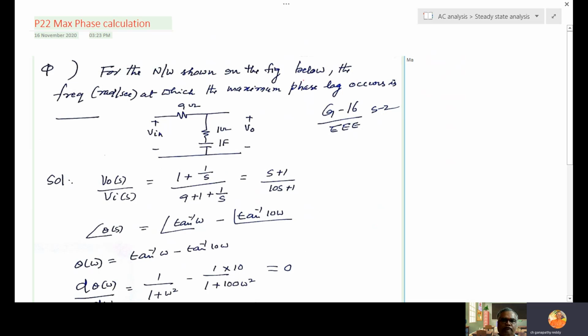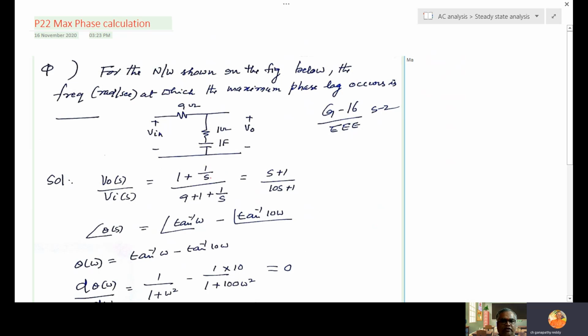For the network shown in the figure below, find the frequency in radians per second at which maximum phase lag occurs. For maximum phase lag, you have to find the angle of the output. So again go for the transfer function Vo of s by Vi of s.